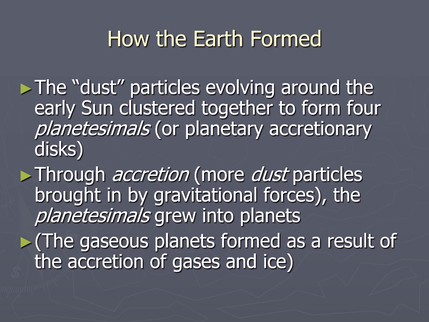So accretion in this case just means the growth of planets, you have more and more dust particles brought in by gravity smacking onto your planetesimal, until they grow into the size that they are today, and there's just not that much material out there left to accrete on. And then, of course, the outer planets, gas and frozen gas planets, formed in a similar manner, but it was accretion of gases and frozen gases.